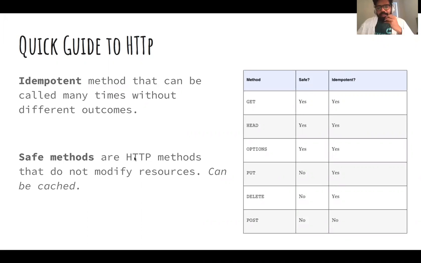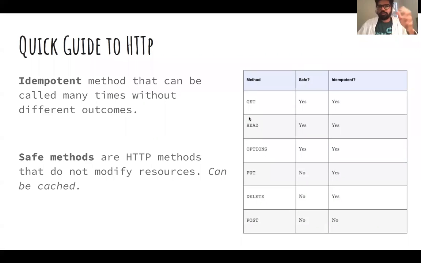The safe methods are important because the browser uses them to know whether they can be cached or not. Not just browsers, but across systems, people use that information to figure out whether this method can be cached. So if you're making a get request, which is what our browsers make when we're browsing the internet, you can get large images, you can get large videos, and the browser can cache them.